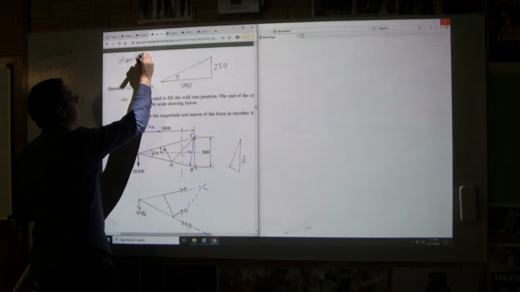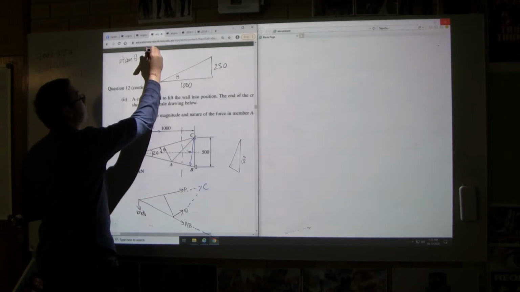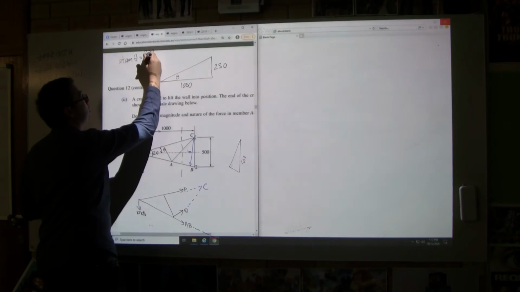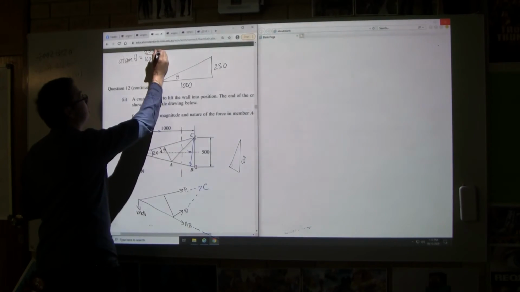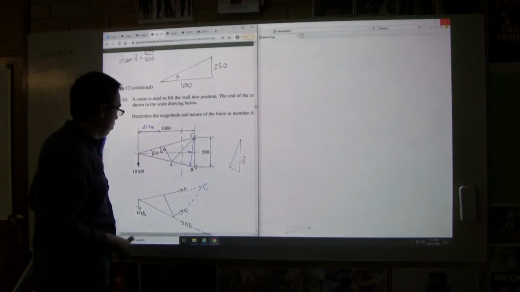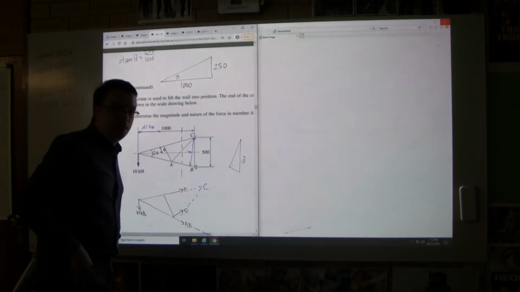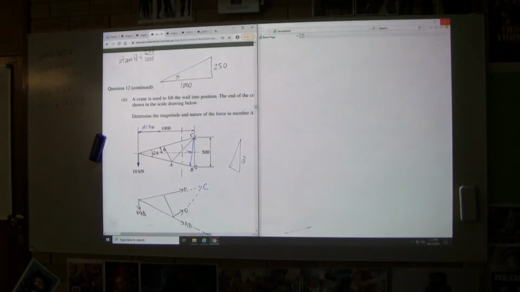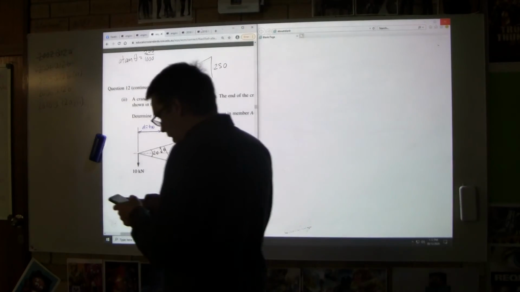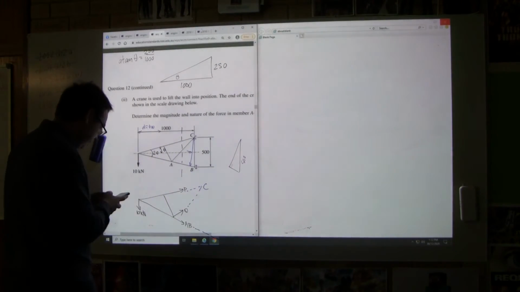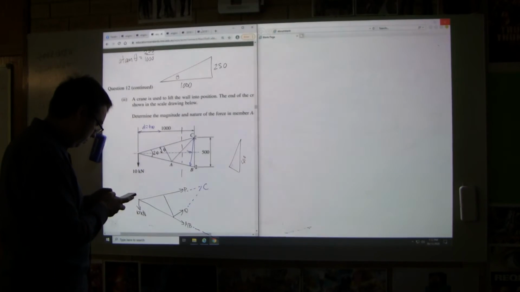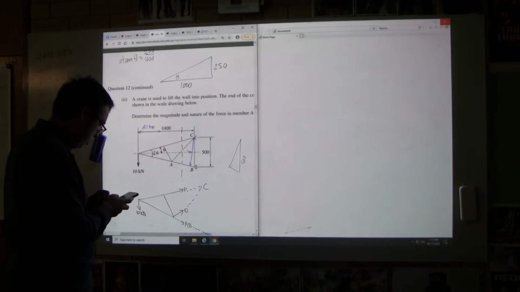Arctan theta equals 250 opposite over adjacent 1000. So the arctan of 1/4. I think I'll have my calculator there. On most calculators, the arctan function will be written as tan to the minus 1. So tan to the minus 1 of 1/4.